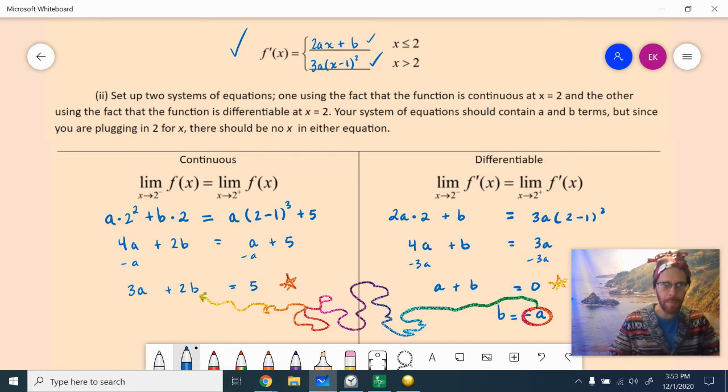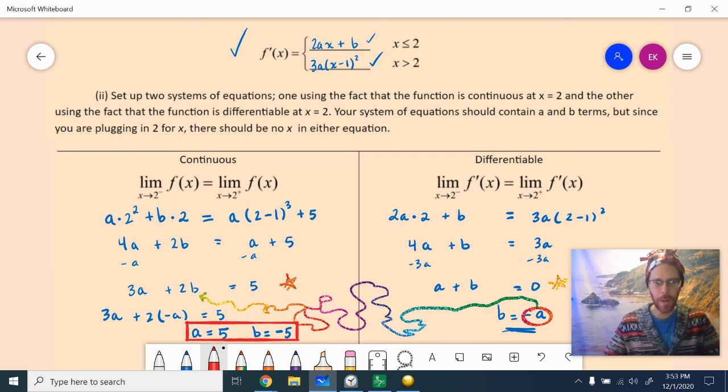Let's see what we get. We would get 3a plus 2 times negative a is equal to 5. Trim that up, and we get that a is 5. If a is 5, then b would have to be equal to the opposite of 5 because of this fact right here. So there's our answer.